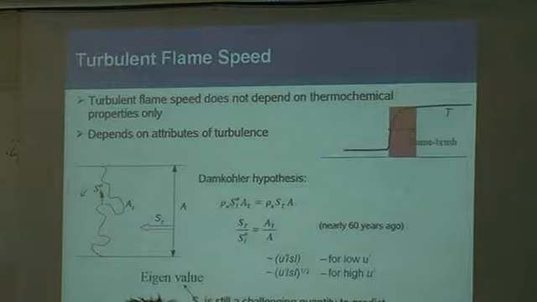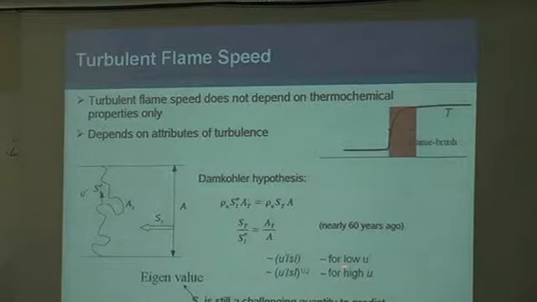So I had this slide for a reason. I think many of you now know what the flame speed means. It's the rate at which the flame brush is advancing into the unburned side. Damköhler, nearly 70 years ago, proposed that the ratio of these flame speeds is equal to the ratio of the area change, the turbulent flame area by the projected area. A is the projected area, as you see there.